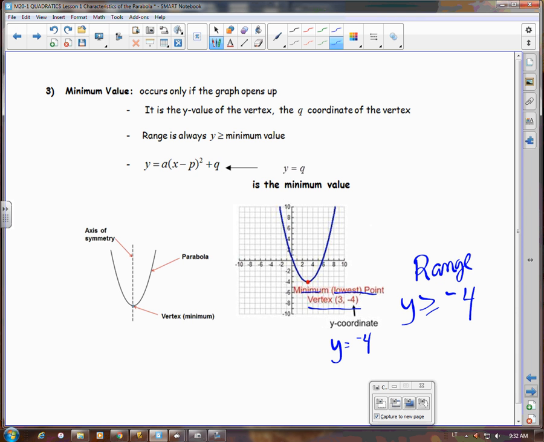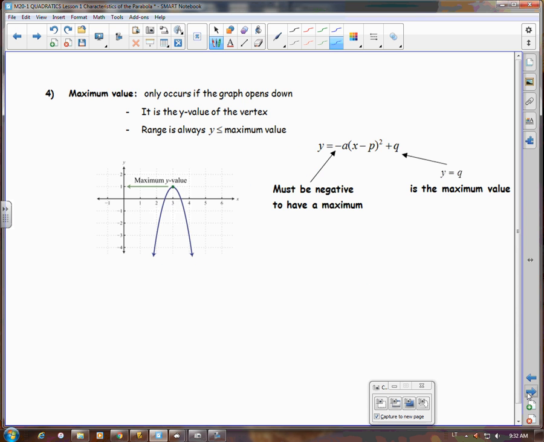So y equals q is that minimum value if it opens up, or as you see at the bottom of that same page, if it opens downward, then y equals q is the maximum value. So what differentiates whether it's a minimum point or a maximum point is simply whether it opens up or down.